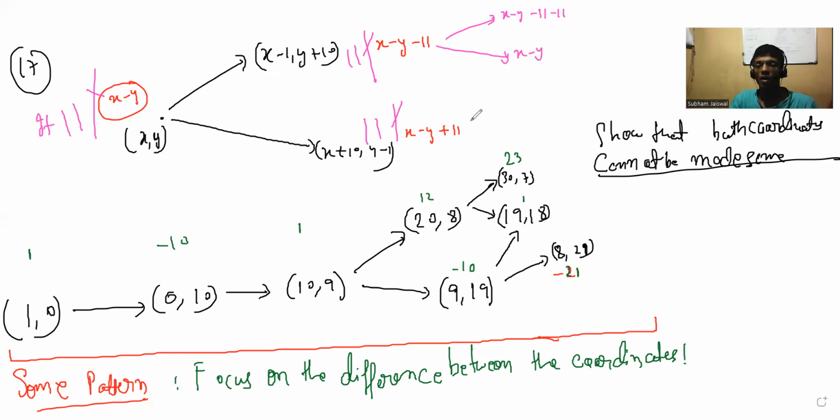Or from here also, you can get this, or you can get x minus y plus 22. So more interesting questions can be made out of this. It's always the same, not changing modulo 11.